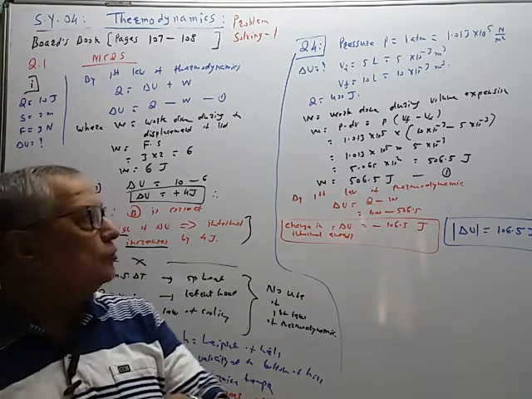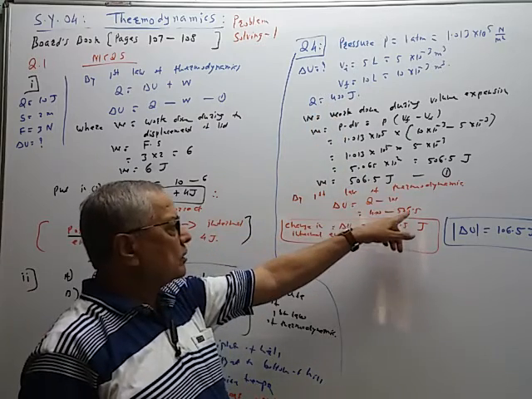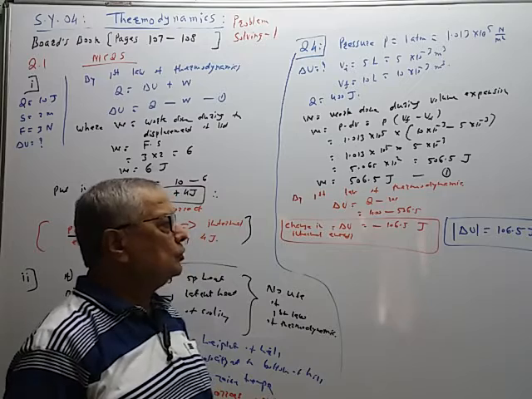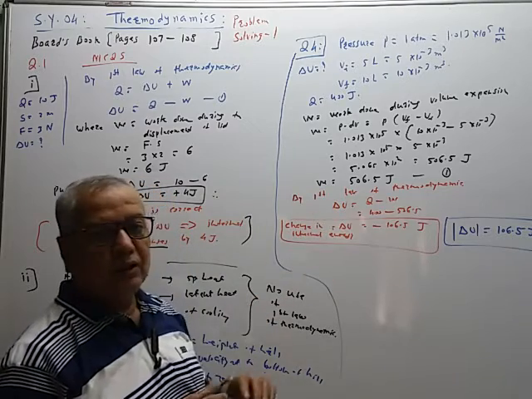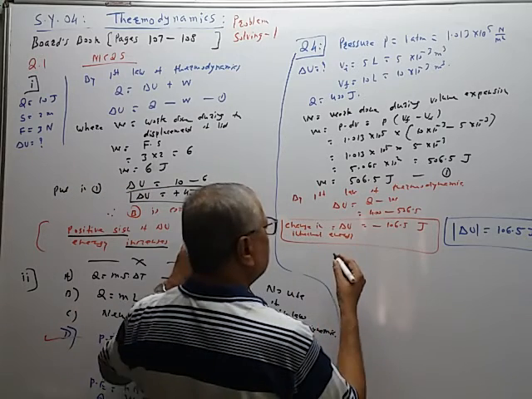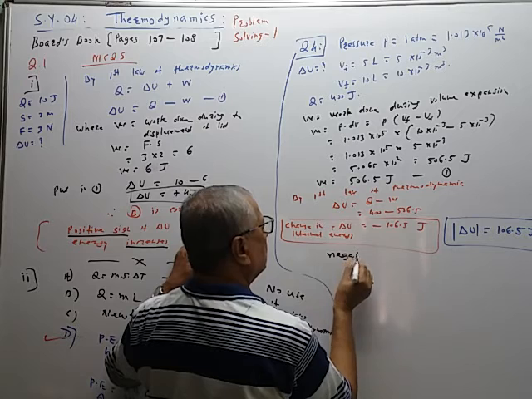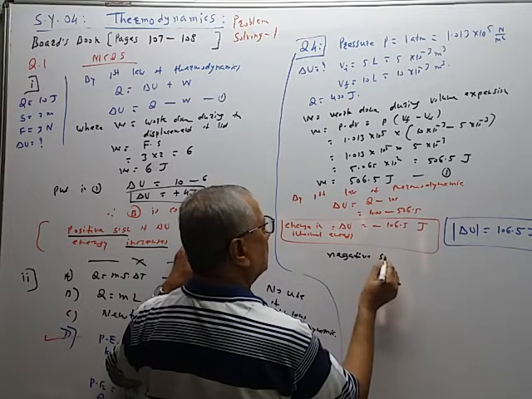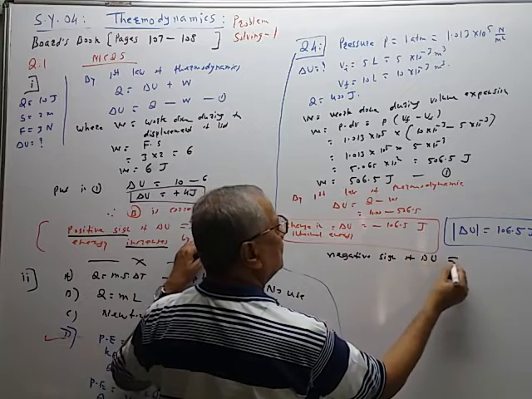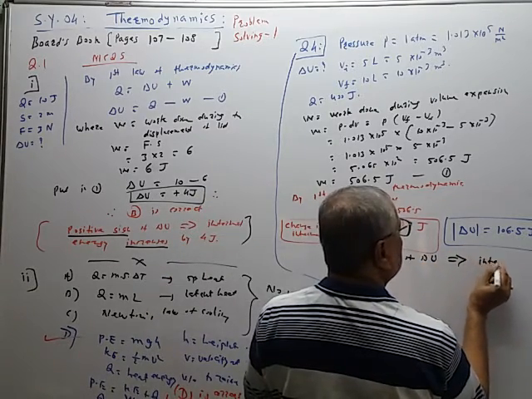So only 400 joule energy is absorbed by the system, but work done during the volume change is more. So W is greater than Q, by that amount, therefore there is a loss in the internal energy, a decrease in internal energy. So negative sign of delta U indicates that internal energy decreases.